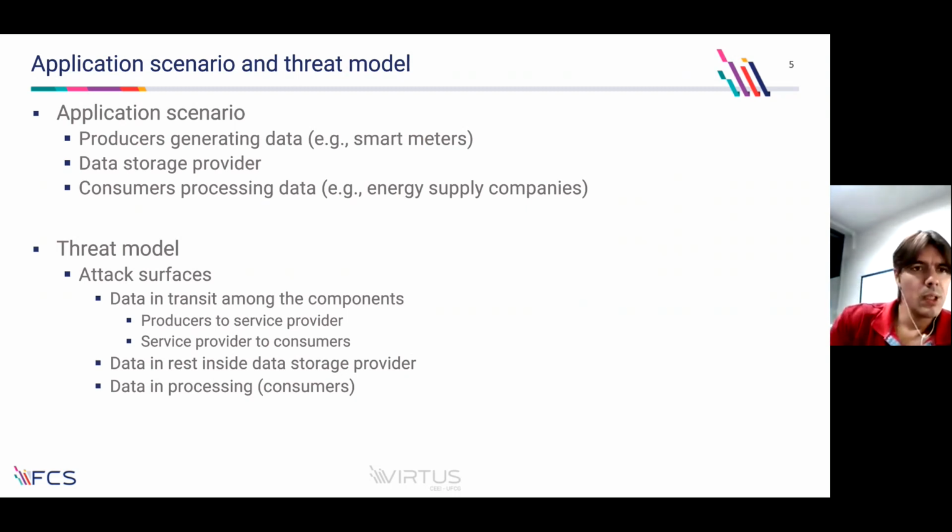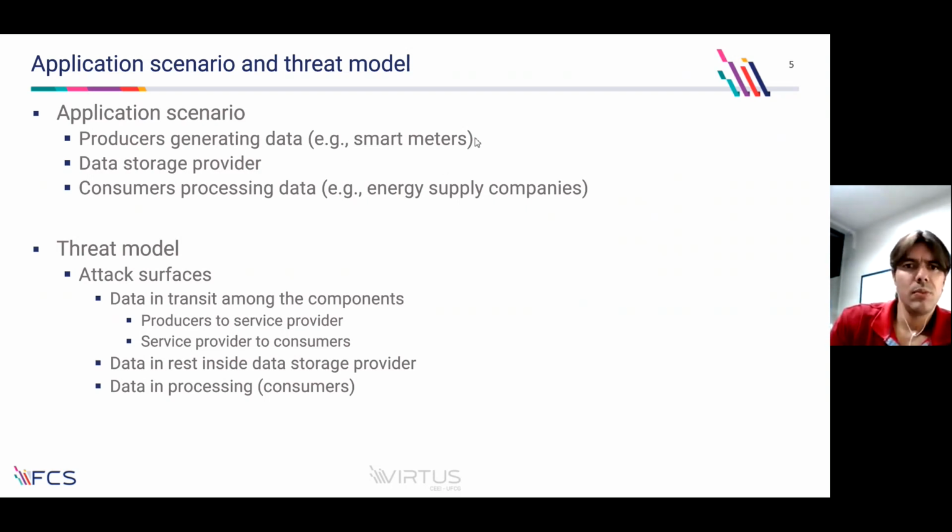For our proposal, we defined this application scenario, which considers producers generating data, for the case in which we have attacks. As I mentioned before, we can have these producers being smart meters.